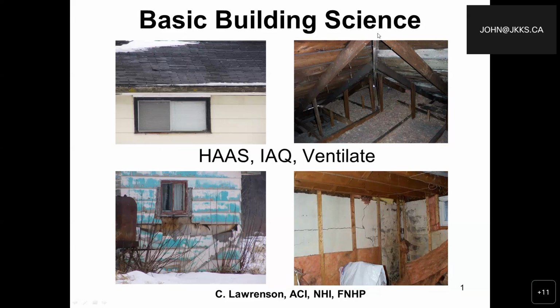And explaining why it happens is the building science part of it. You really don't know, even from some of these obvious clues, what's really going on, other than looking at things and doing a little bit of research on why this happens.